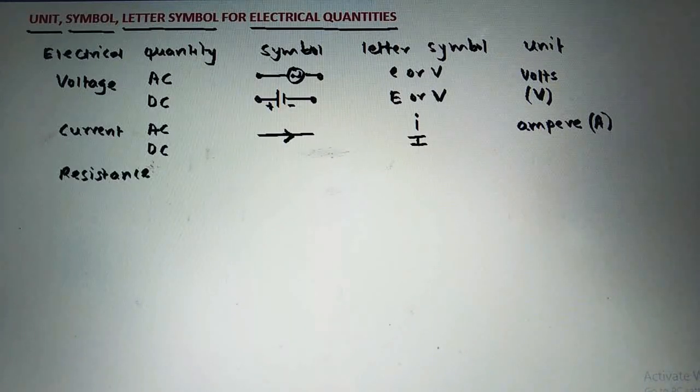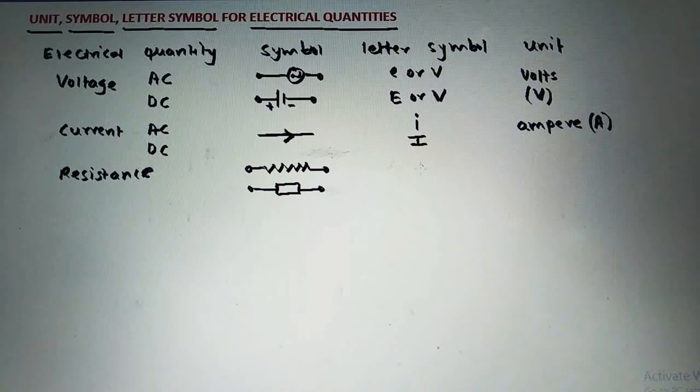The next electrical quantity we will take here is resistance, and the symbol for resistance is this. It can also be drawn like this. This is also the symbol for a resistance.